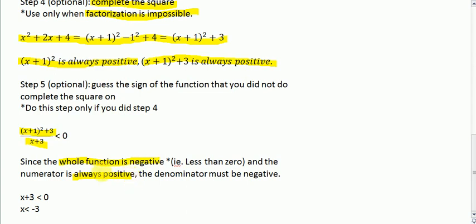The denominator x plus 3 must be negative. So x plus 3 is less than 0. So we bring the 3 over to the 0 side, which gives us x less than negative 3, which is the answer for this question. Very simple question.